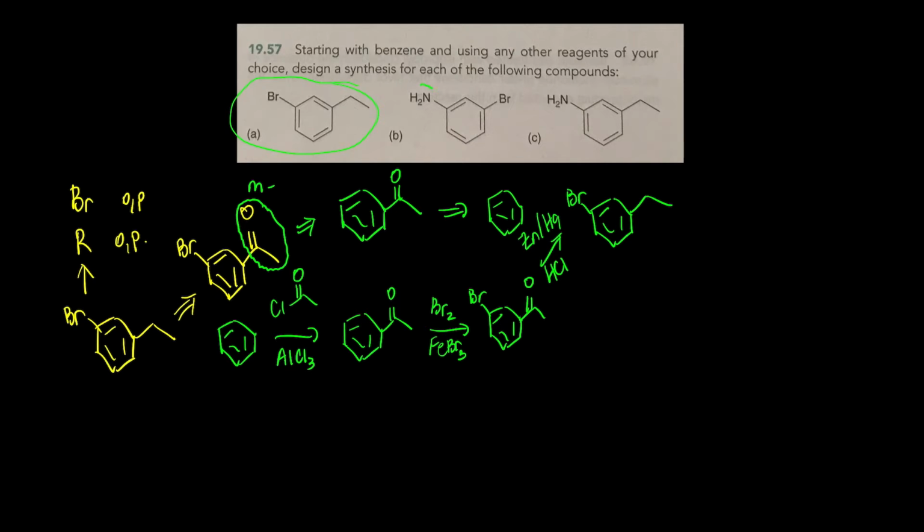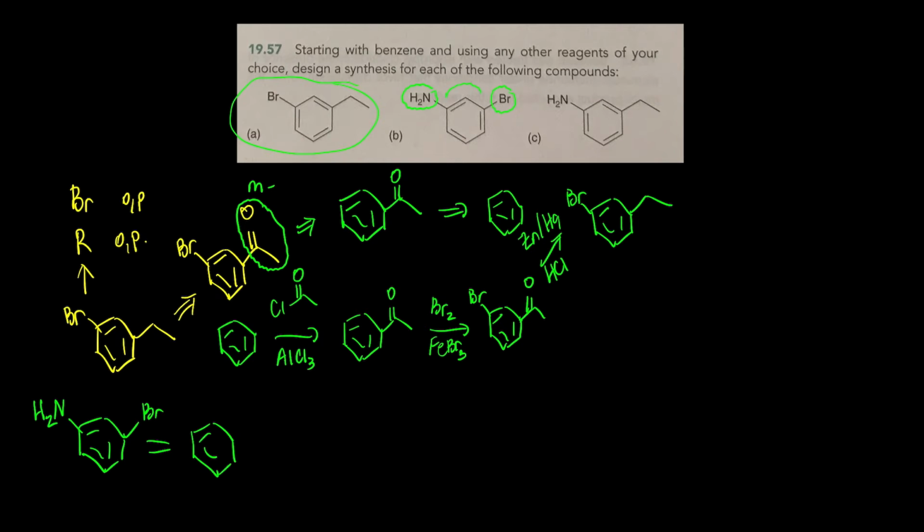Same sort of thing in molecule B. Nitrogen is an ortho-para-director, and halogens are ortho-para-directors. But these two are meta, and so what we need to think about is that a nitro group is a meta-director.